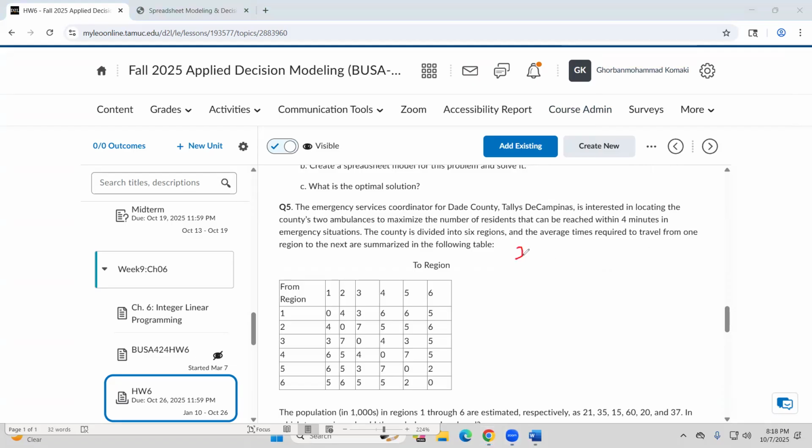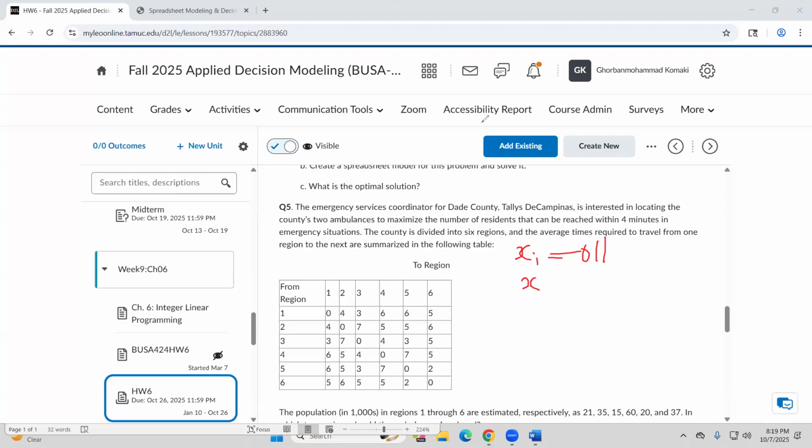Okay, so you have 6 regions and you can place ambulances in 2 of those, right? So you pick x1 all the way to x6, right? So either it is 0 or 1. Okay, so you pick ambulance in region 1, region 2, all the way.